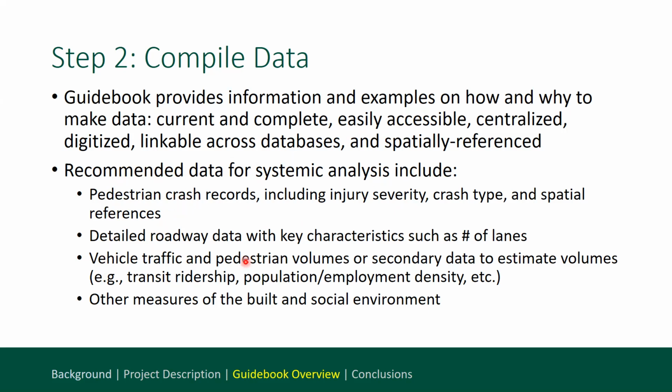You want to relate your detailed roadway data with key characteristics such as number of lanes, and then vehicle traffic and pedestrian volumes, or secondary data to estimate volumes like transit ridership and population. So some ways of measuring the exposure. And then if you have other measures of built and social environment and changes in those environments as well.